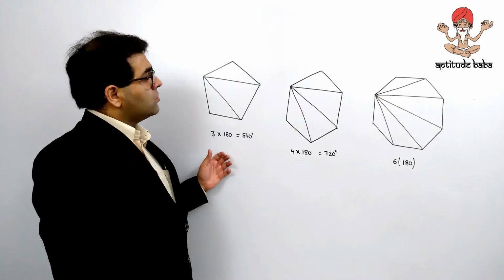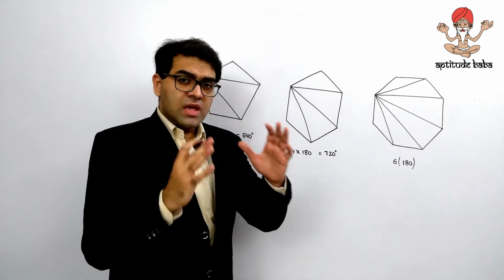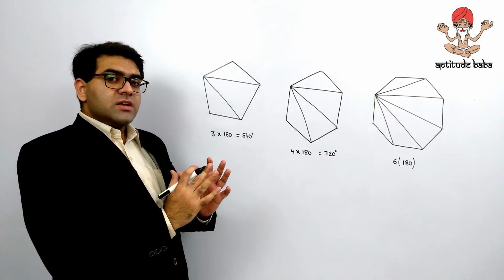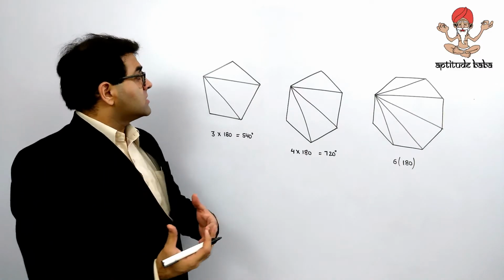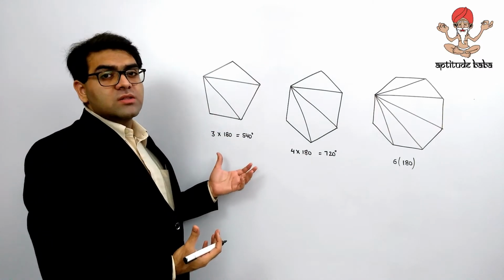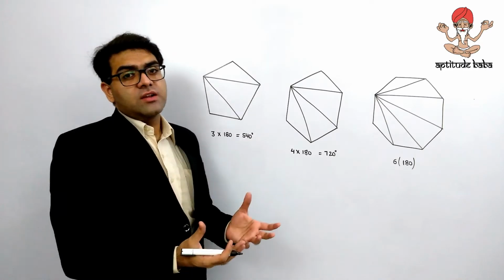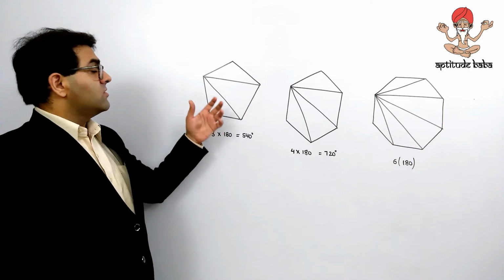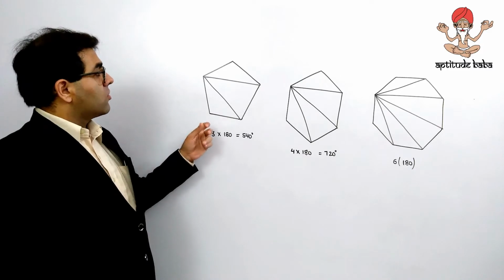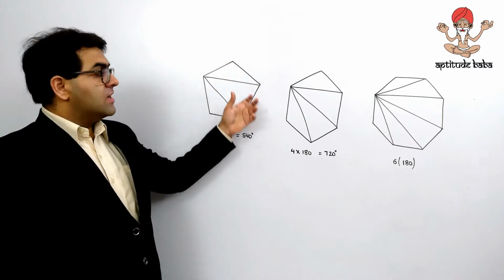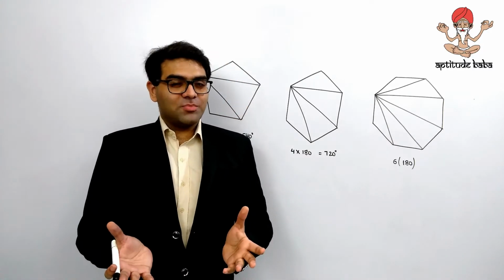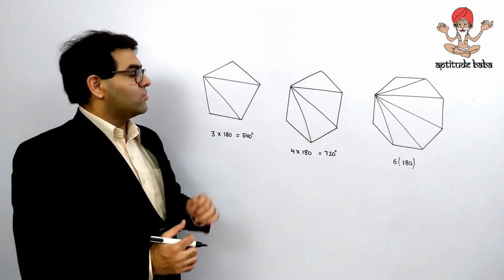Hopefully, we are able to follow the logic here. What I'm trying to make you understand is that any polygon can be divided into triangles. So a pentagon, which is a 5-sided polygon, got divided into 3 triangles. A hexagon, which is a 6-sided polygon, got divided into 4 triangles.